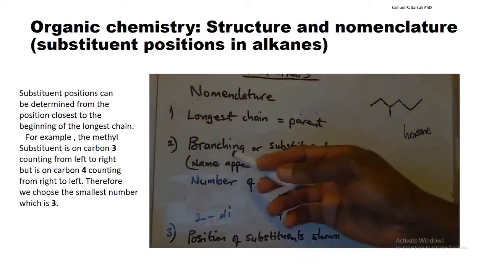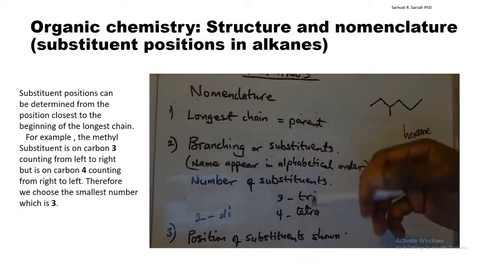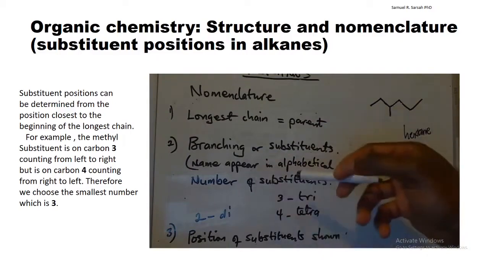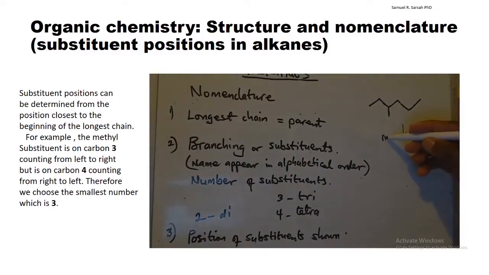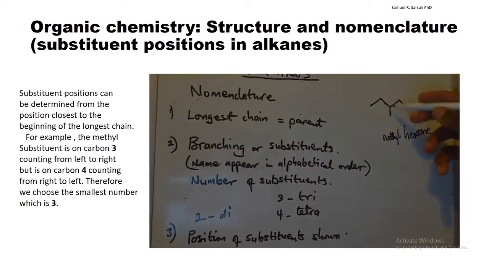And then we look for branching of substituents. Along the 6 carbon chain, carbon number 3 bears a methyl group. So we have methyl on carbon number 3.